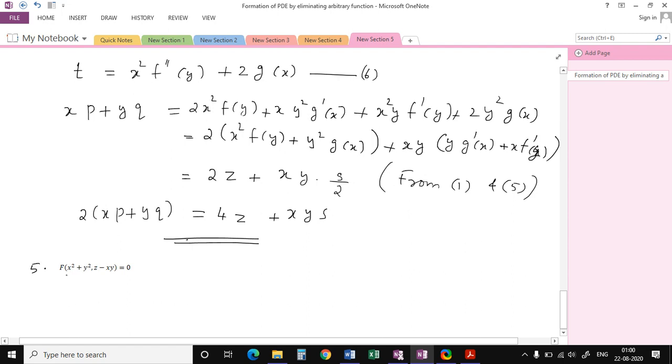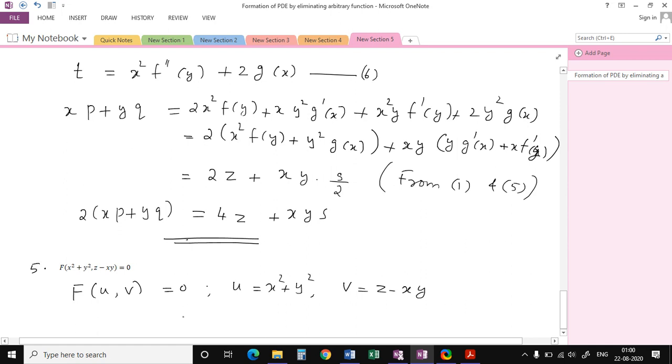So now we can see that there is some difference in this equation. It is of the form f of u, v equal to 0, where u is x square plus y square and v is z minus xy.